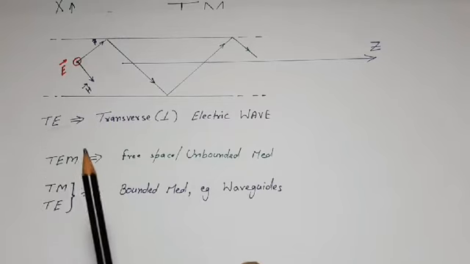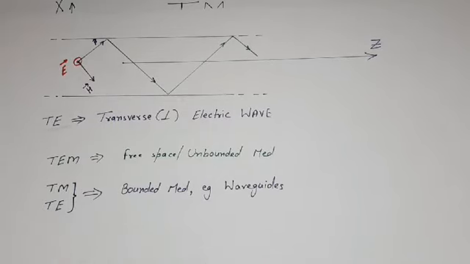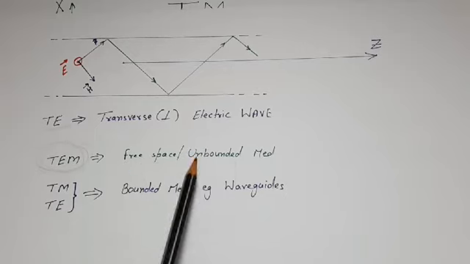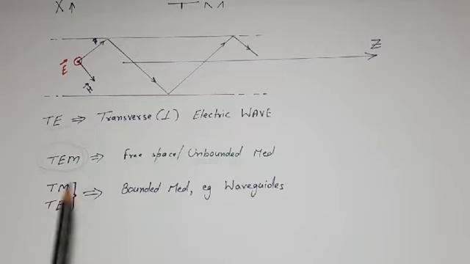So in this way, we can conclude that there are three types of wave propagation possible. First one is TEM. In this type of propagation, both electric field and magnetic field are perpendicular to direction of energy propagation, which is generally found in free space unbounded medium. Next two are TE and TM.